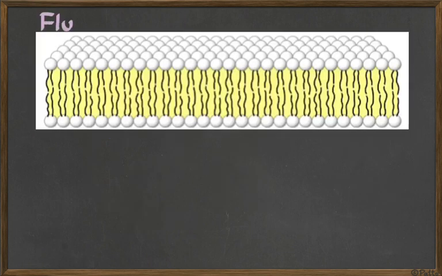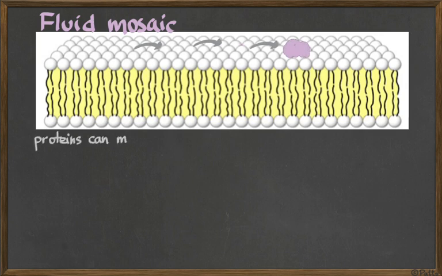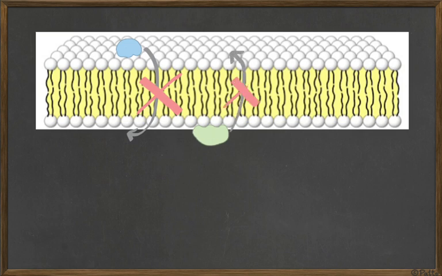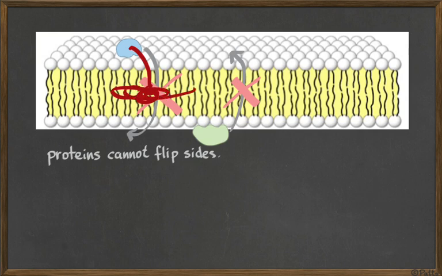And this idea of the fluid mosaic is very cool, because if we put a protein, we'll see that the proteins can move from side to side. So proteins can move freely from side to side, but they cannot jump out or in or flip. A protein cannot flip because the hydrophilic part cannot go through the hydrophobic inside here.